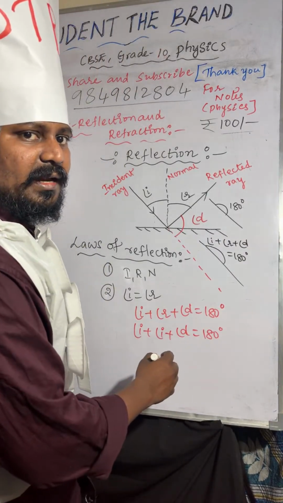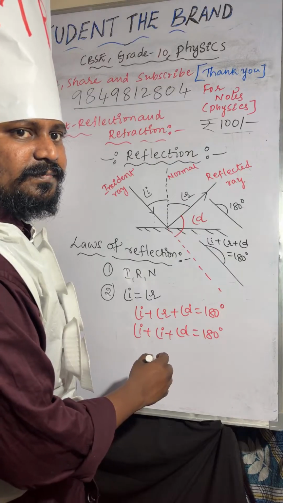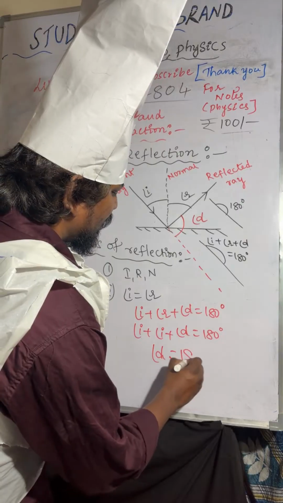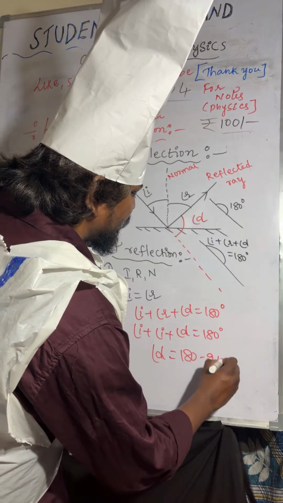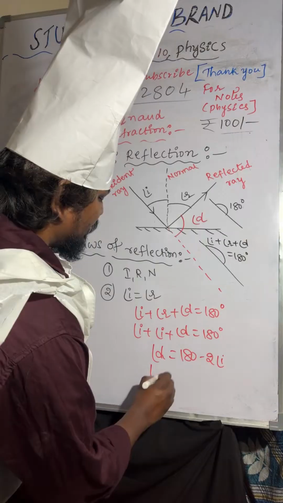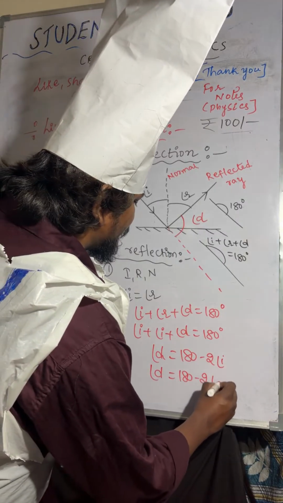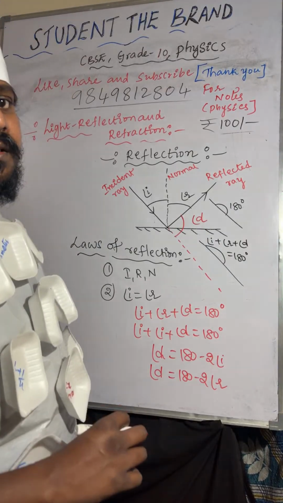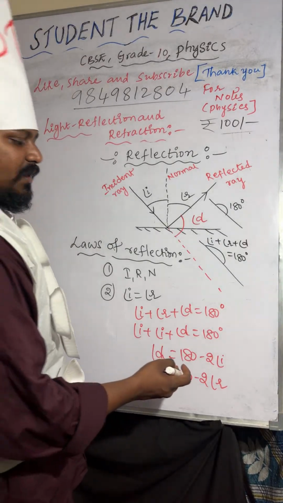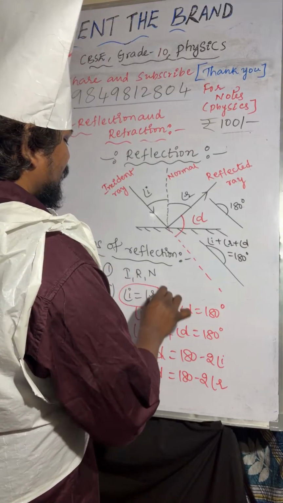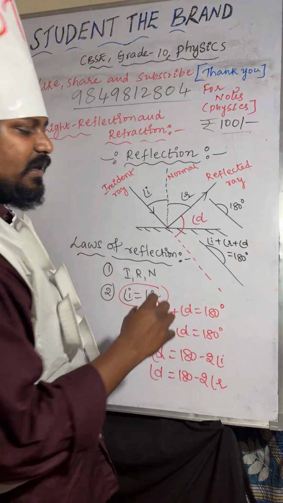So now the angle of deviation is equal to 180 minus 2 angle of incidence, and the angle of deviation equals 180 minus 2 angle of reflection. Why are we taking this? Because the angle of incidence is equal to the angle of reflection.